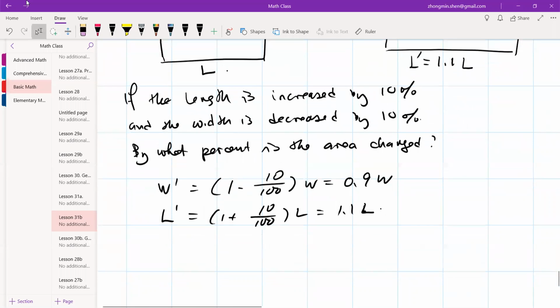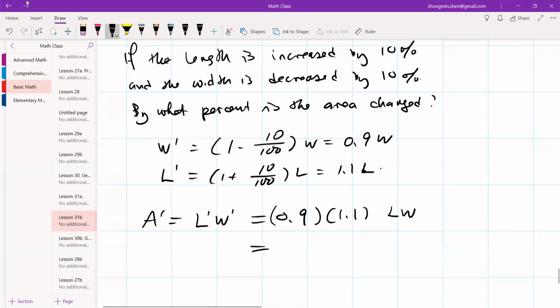Okay. So the area of the new rectangle is going to be L prime times W prime, right? You multiply this out. So it's going to be 0.9 times 1.1 times LW. LW is nothing but just the original area. What is the number here? Okay, this is 0.99, right? And clearly it's smaller than the original area. Before you do the computation, you probably don't know.